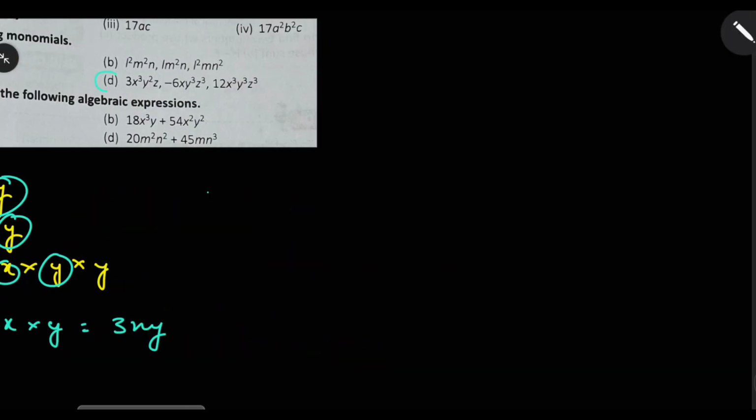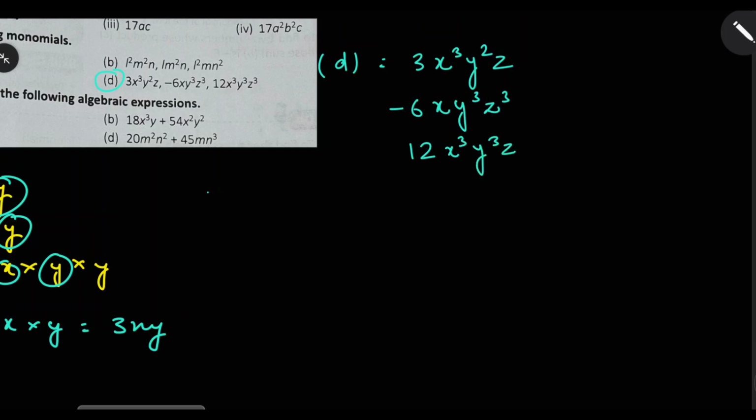Okay, students, let us see the D one. So D can be written like this: 3x cube y square z, and the second one was minus 6xy cube z cube, and 12x cube y cube z cube.